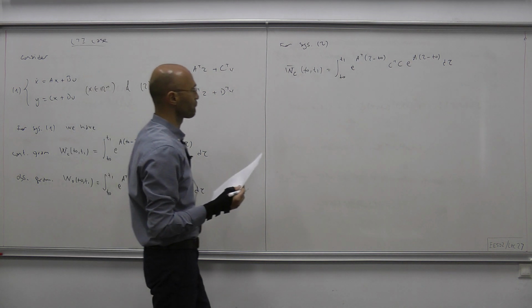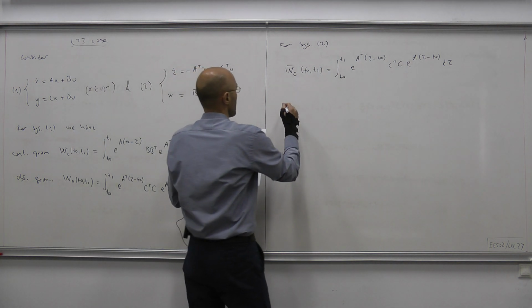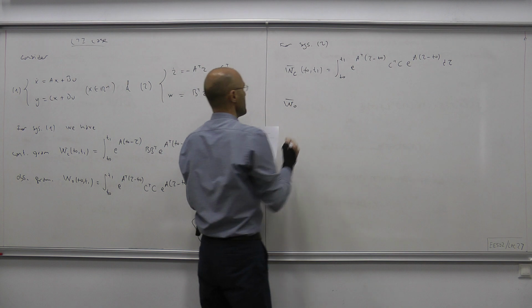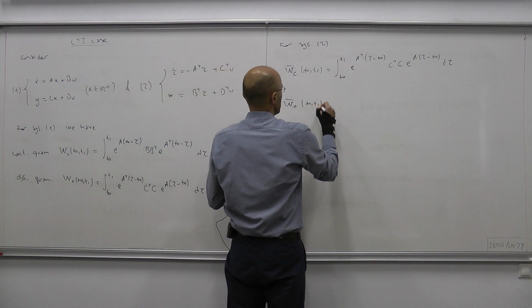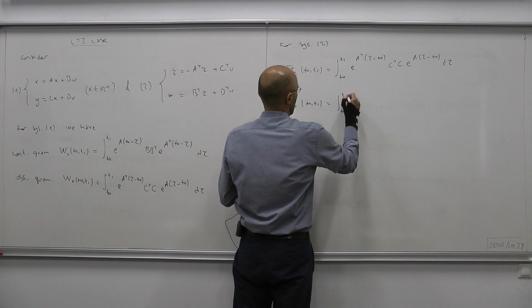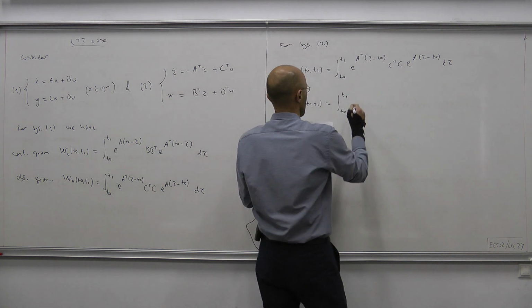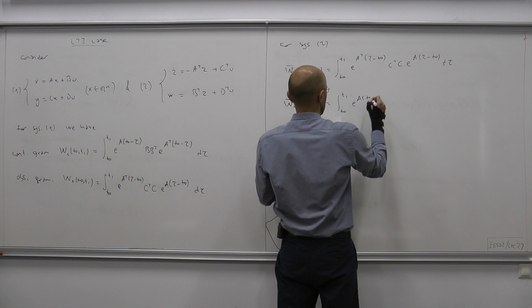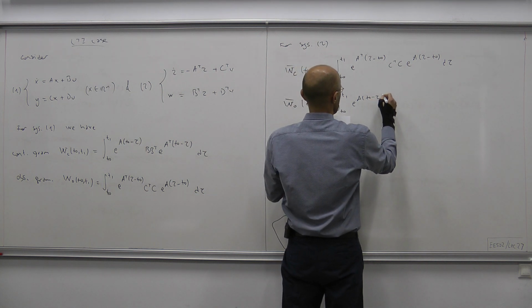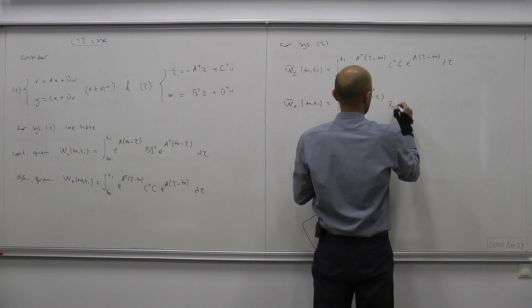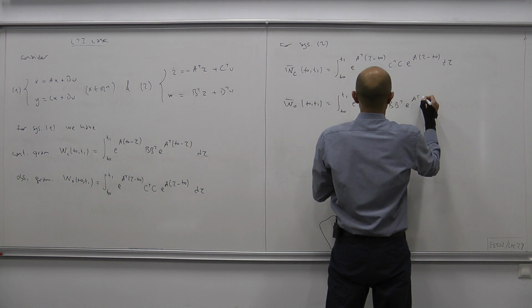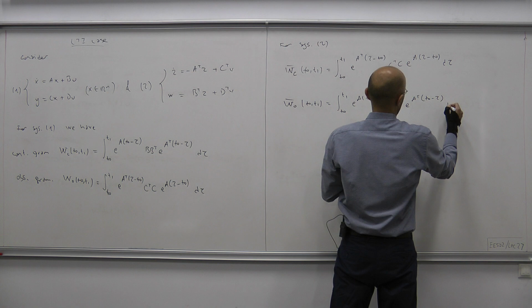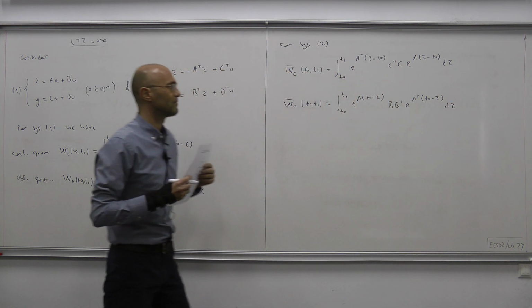Okay, and then we do the same thing for the observable Lagrangian, T0, T1, the integral of e to the A T0 minus tau B B transpose e to the A transpose T0 minus tau d tau.